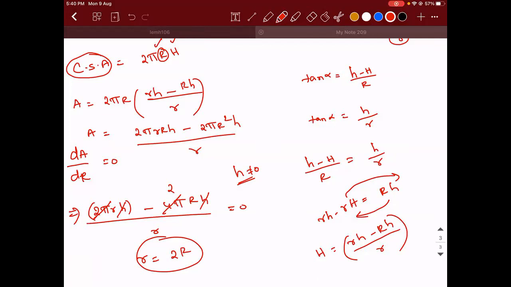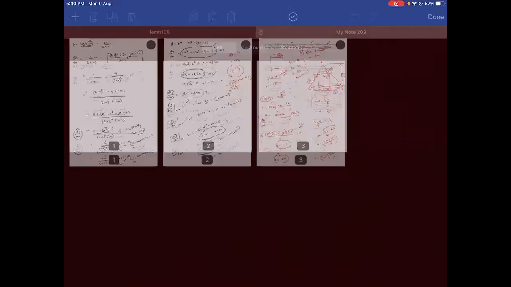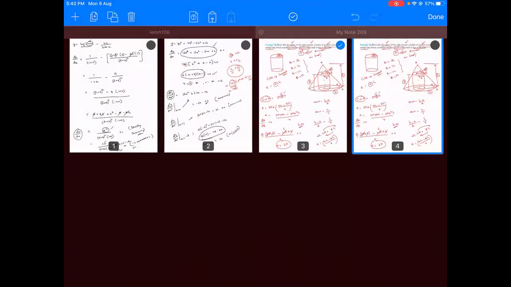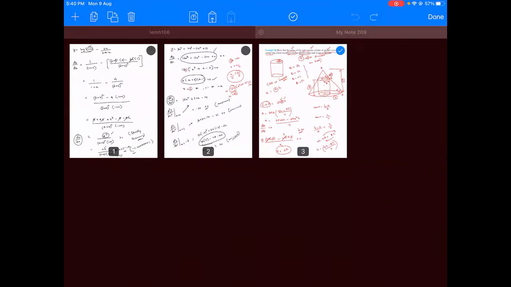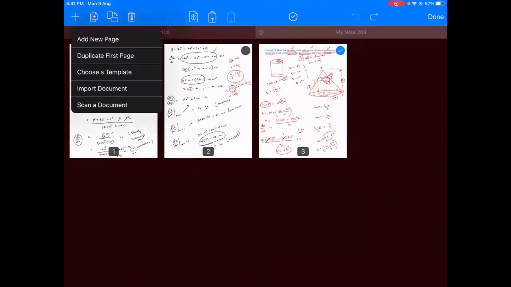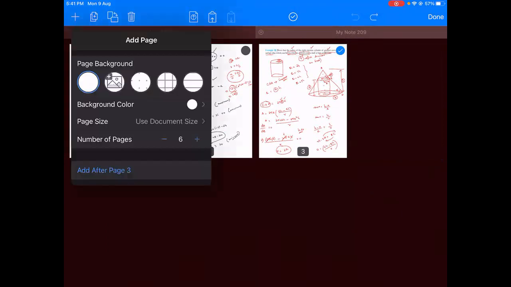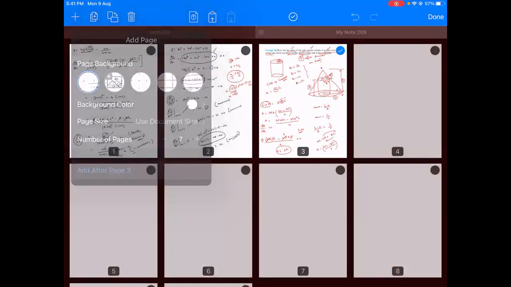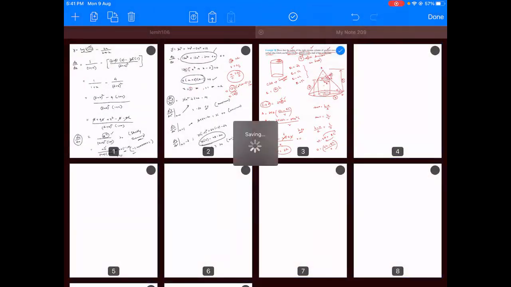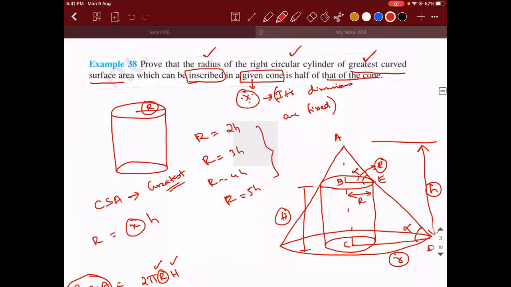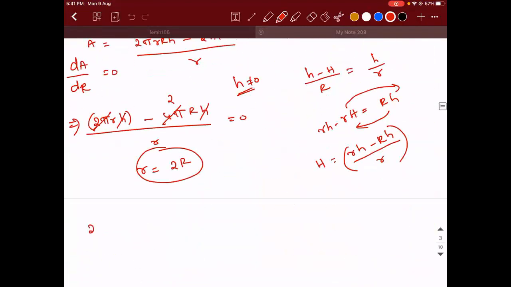Did you understand how to solve the problem? Sir, but how can we cancel 2 pi rh? Listen. You're saying 2 pi r small h minus 4 pi r small h is equal to 0.